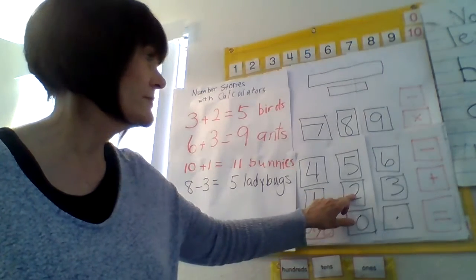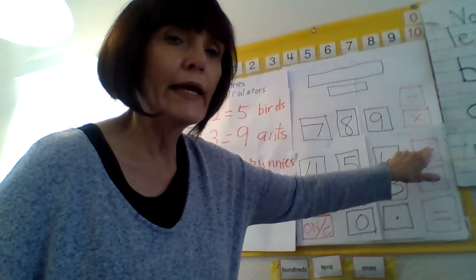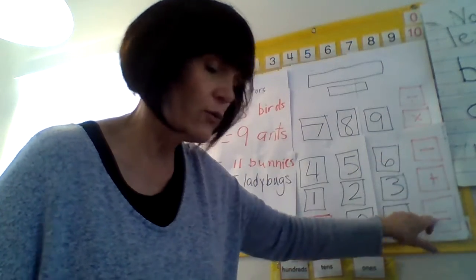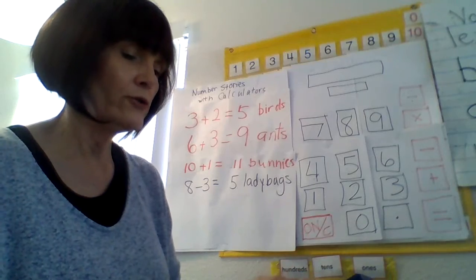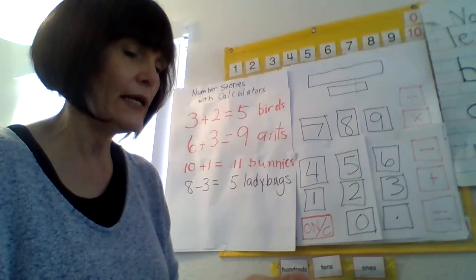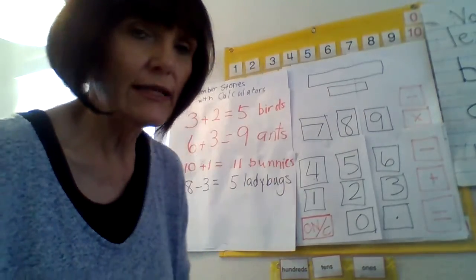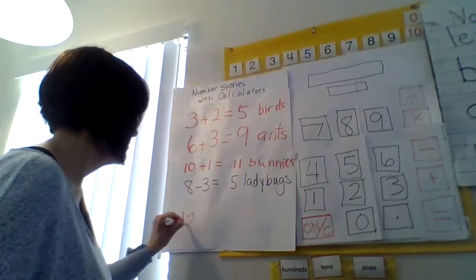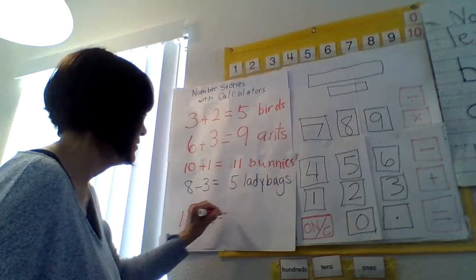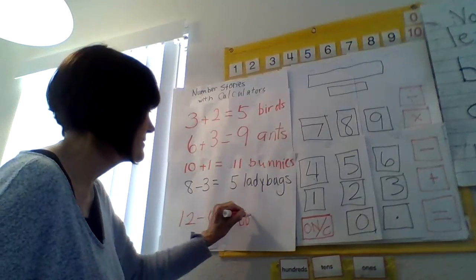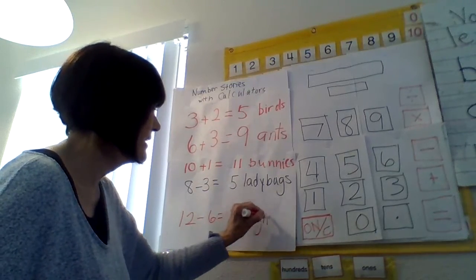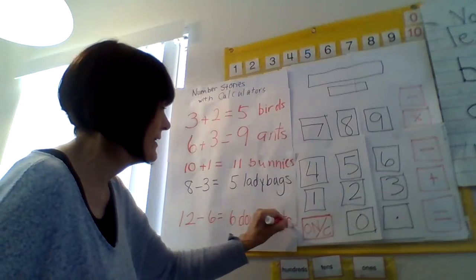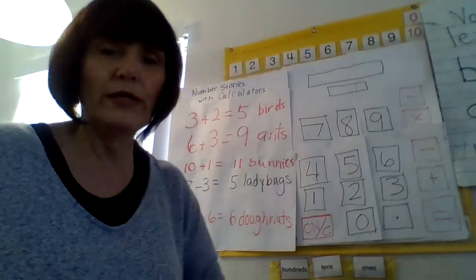Take away 6 equals, still half a dozen donuts left. 6 donuts left. All right, 12 take away 6 equals 6 donuts. Compound word again. Dough and nuts come together to make donuts.